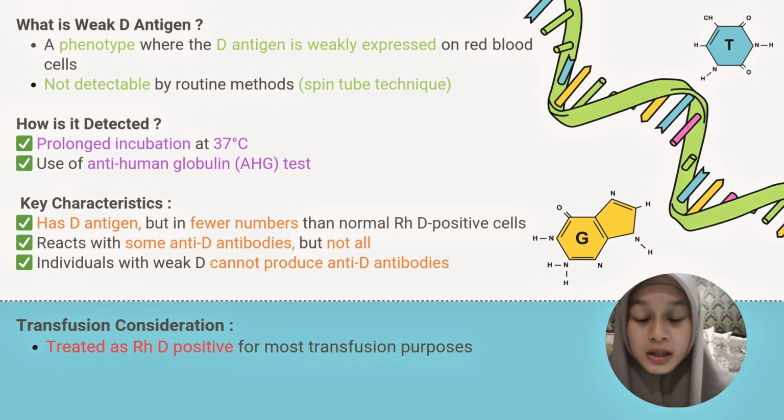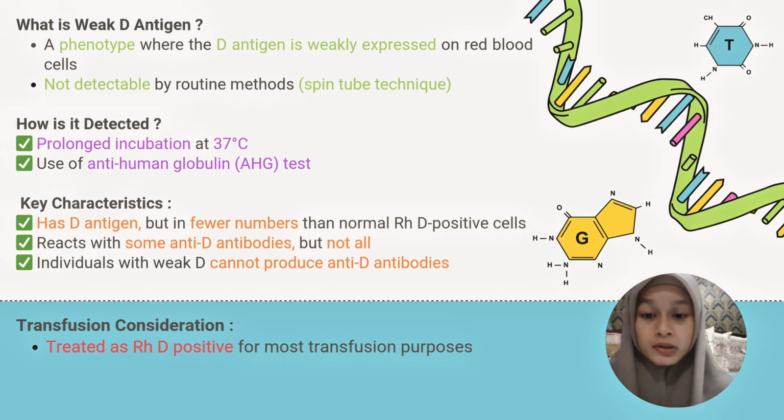For the key characteristics, it usually has D antigen but in fewer numbers than normal RhD positive cells. It also reacts with some anti-D antibodies but not all. And individuals with weak D cannot produce anti-D antibodies.